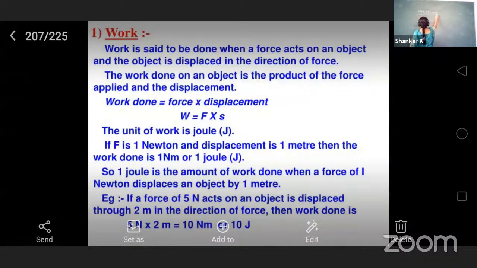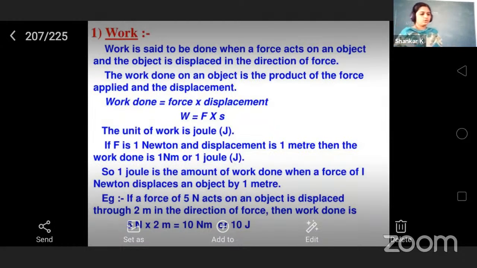What is the formula of work? W is equal to F into X. Work is equal to force into displacement. The SI unit of work is the joule.